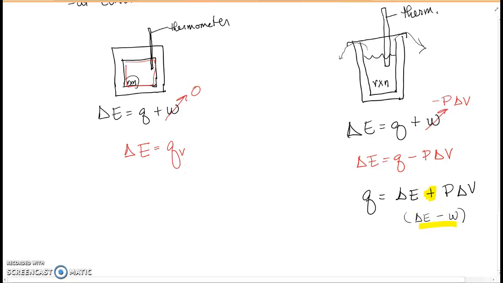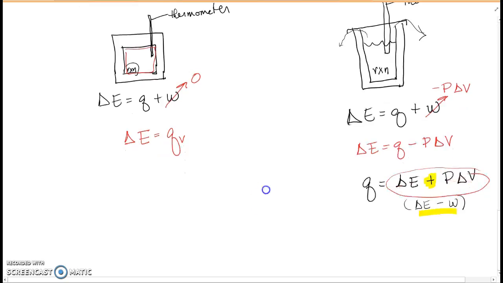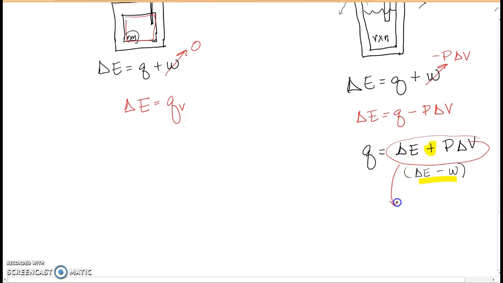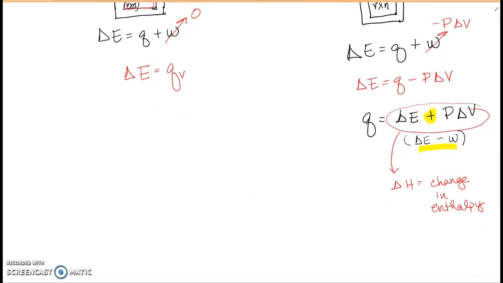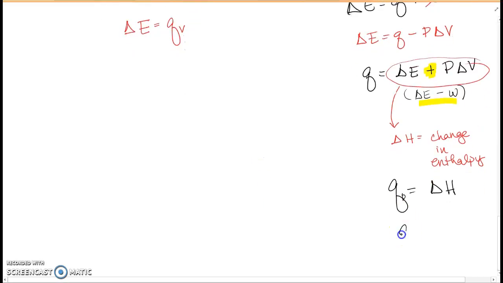Well, by definition, delta E, when you get rid of the work component, is called delta H. That is known as a change, delta, in enthalpy. So Q in a coffee cup calorimeter is equal to delta H, and we call that Q sub P. And Q typically has units in joules or kilojoules.